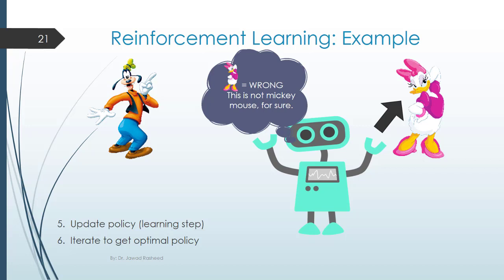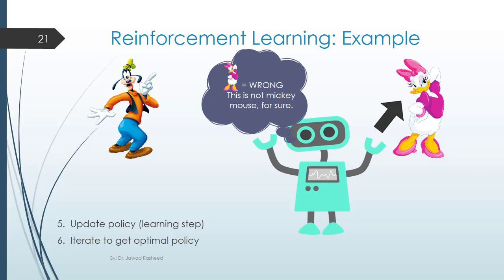So the fifth one is update policy. It's a learning step. The model is updating its policy. It's learning that it made a wrong decision. I said that a duck is a Mickey Mouse, so it's wrong, so I have to update my policy.